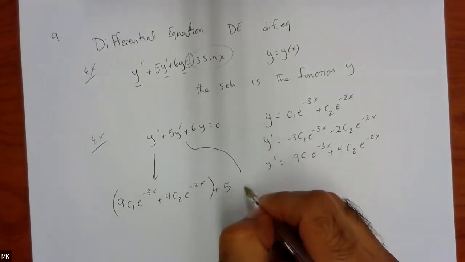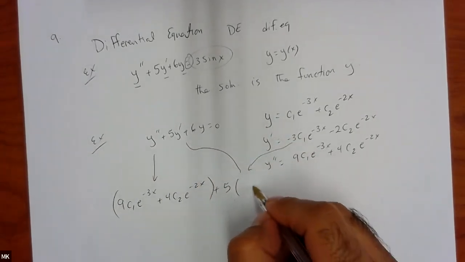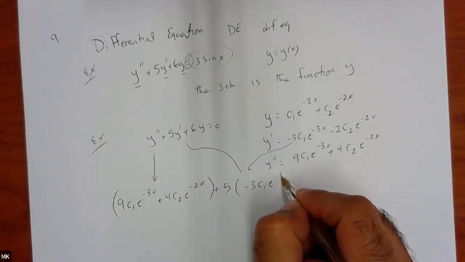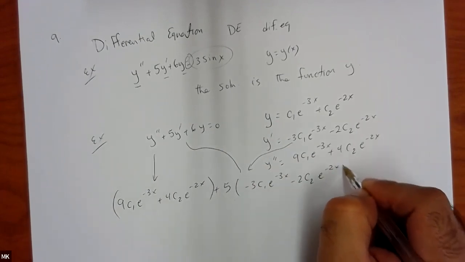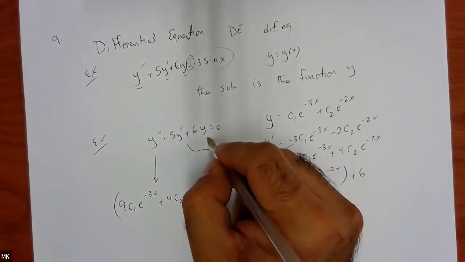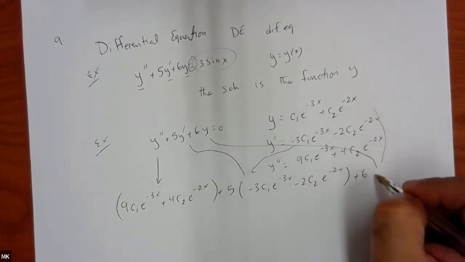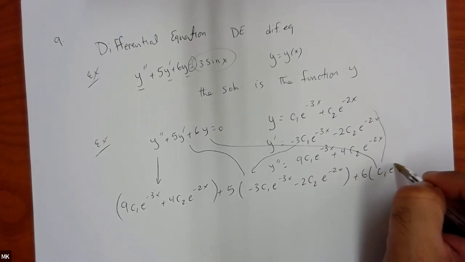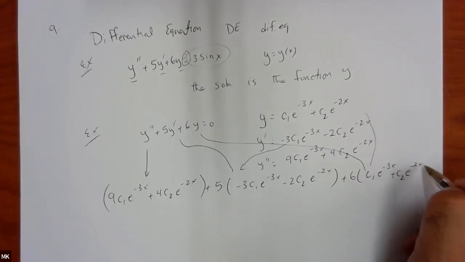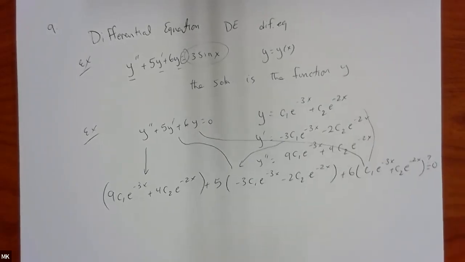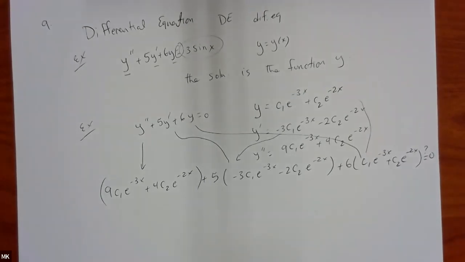For y prime, you get negative 3c1 e to the negative 3x minus 2c2 e to the negative 2x. And for y, you put in c1 e to the negative 3x plus c2 e to the negative 2x. To check if it is a solution, the equality should hold.